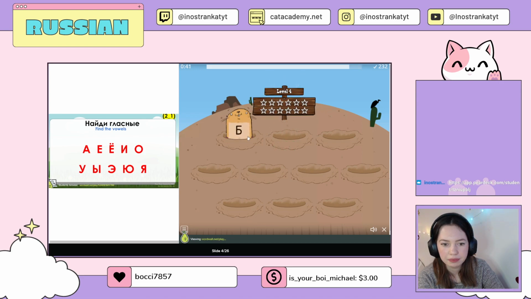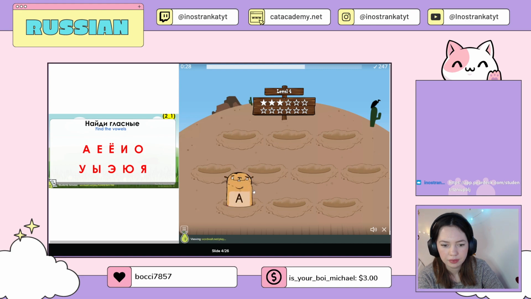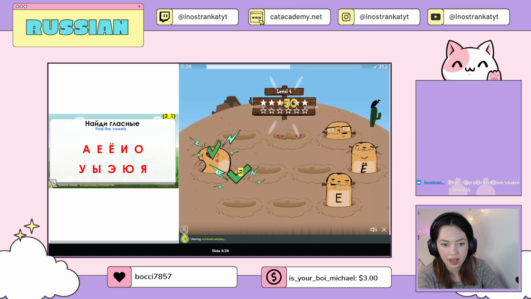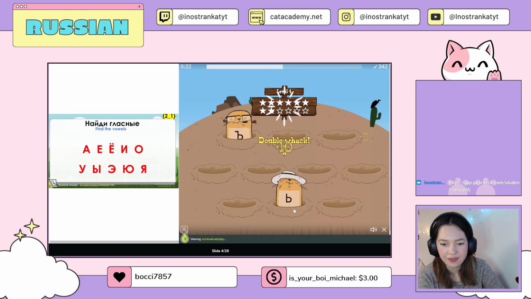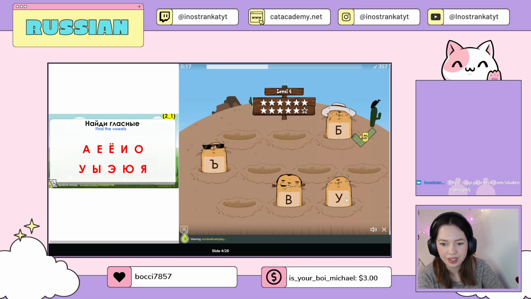B, U, А, К, И, твердый знак, Л, А, В, Я, О, Е, Ё, мягкий знак, твердый знак, Ё, Я, Ё, У.